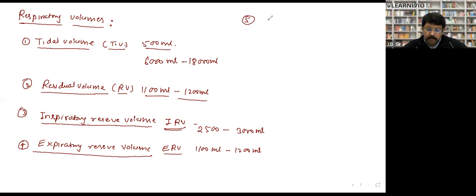Now come to the inspiratory capacity, IC. So what is the IC?